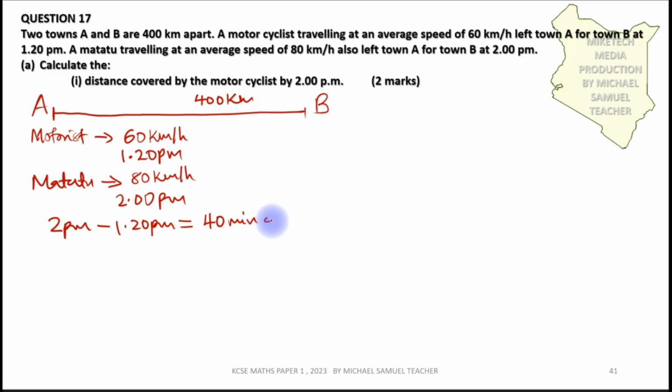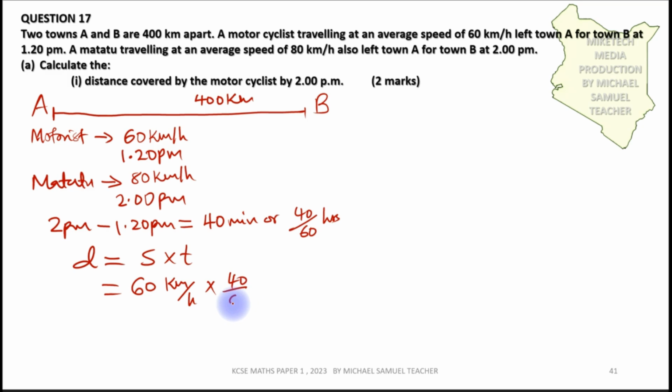So 40 minutes is the same as 40 over 60 hours, a fraction of an hour. The distance is given by speed times time. The speed of the motorcyclist is 60 km per hour, and we use the time in hours, so that will be 40 over 60 hours.